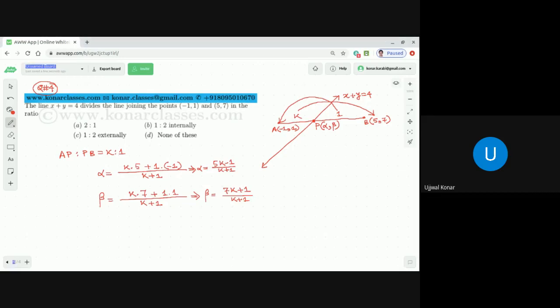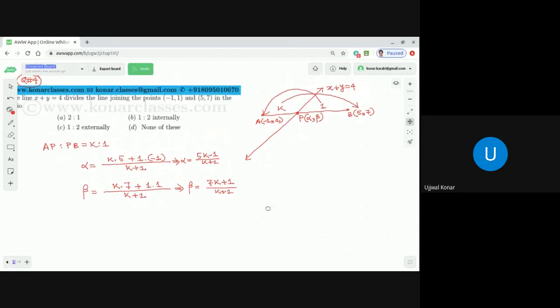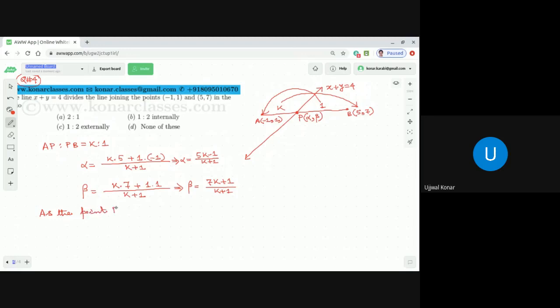Now, the point alpha comma beta is on the straight line x plus y is equal to 4. So, as the point P with coordinates alpha comma beta is on the line x plus y is equal to 4, it must satisfy the equation x plus y is equal to 4.